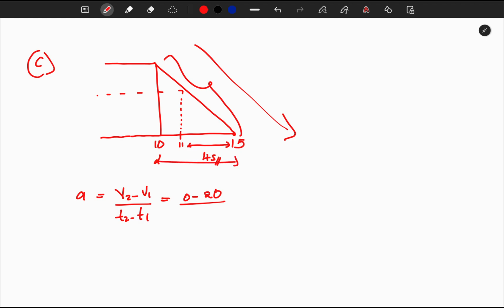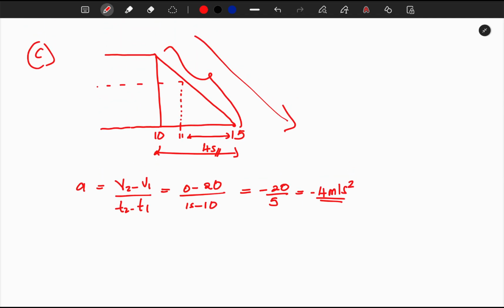The entire region, remember, we are looking for the entire region. It is 15 minus 10. This will give us negative 20 over 5. This will give us negative 4 meters per second squared. It's fine because it is going down, so you are lucky to find the negative number, because it is decelerating or retarding.